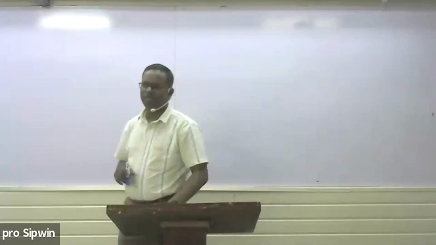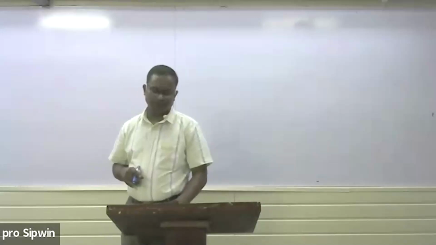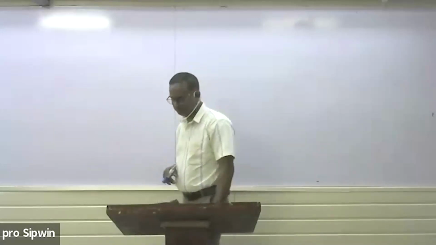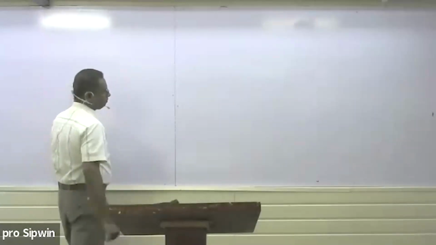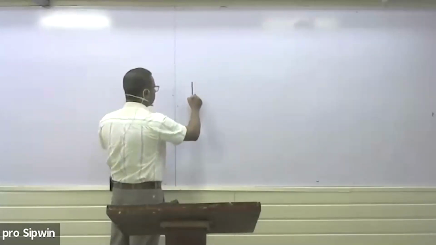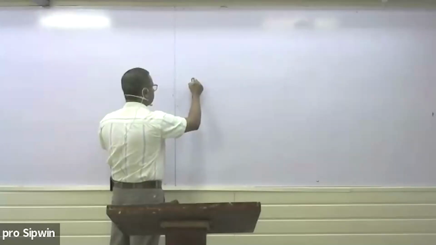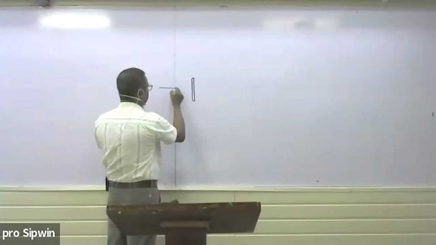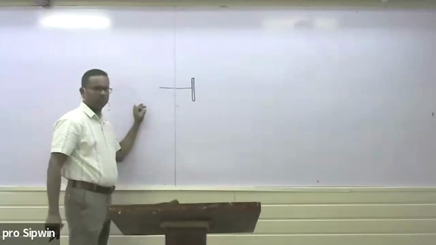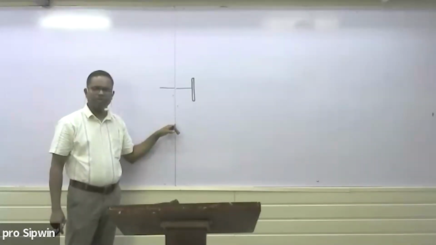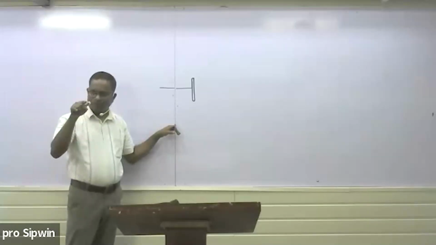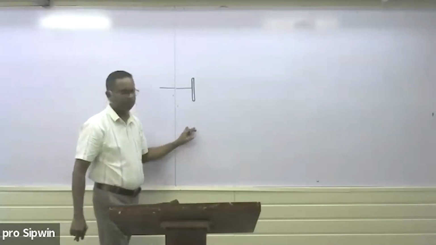To confirm that one, he used this kind of setup. Cathode, a usual one, like this way. As the anode, he used a metal plate, cut that one into a cross sign.